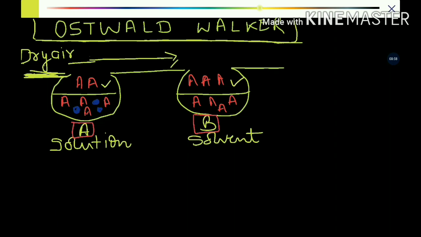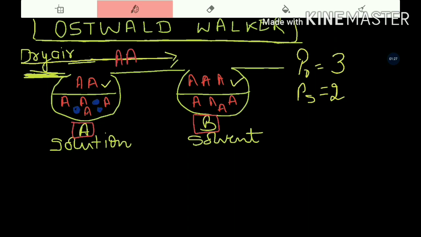So now we pass dry air first from the solution bulb towards the solvent bulb. So the pure solvent's vapor pressure is 3 and the vapor pressure of the solution bulb is 2. Now when dry air crosses the solution bulb, it will take 2 vapors of A from this A bulb.